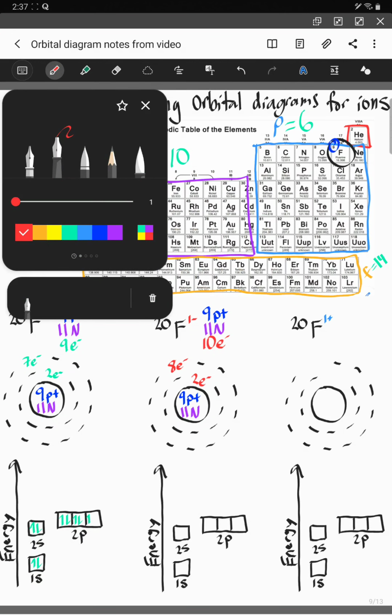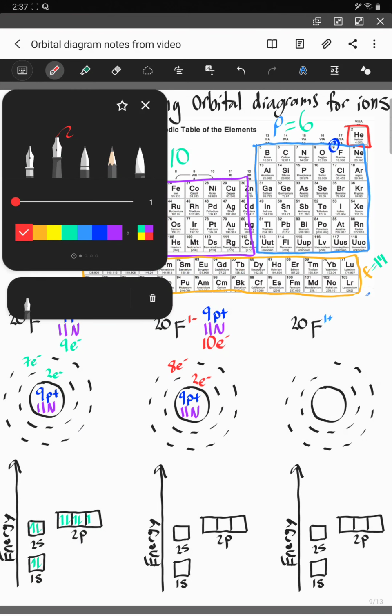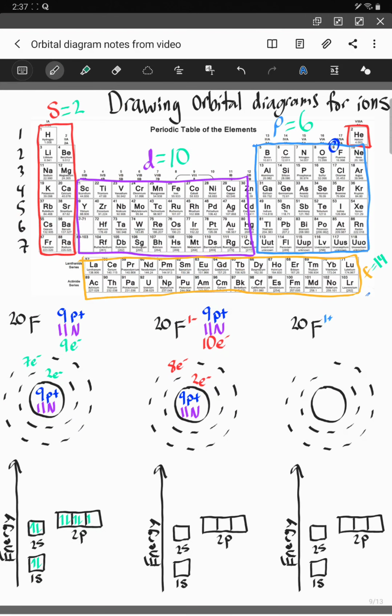Now I can fill in my orbital diagram, and what I like to do is look at the periodic table and find where an element with that number of electrons is located. So again, we are doing fluorine. However, I erased it because I didn't want to cover up a number.